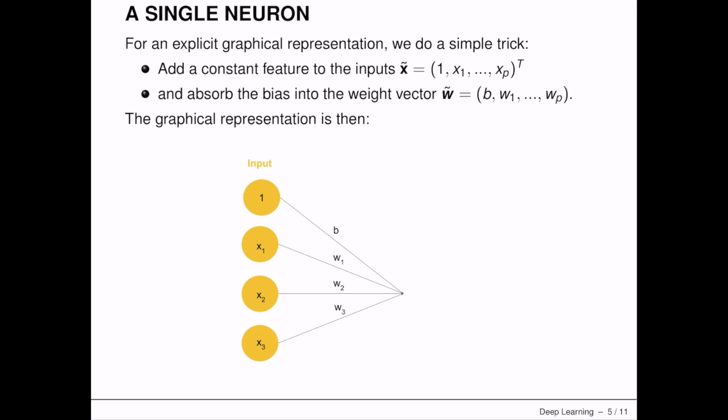Graphically, we have a constant input 1 here, and on the corresponding connection, the bias value. This is just a trick that allows us in the graphical representation not to draw the bias term as an extra node.